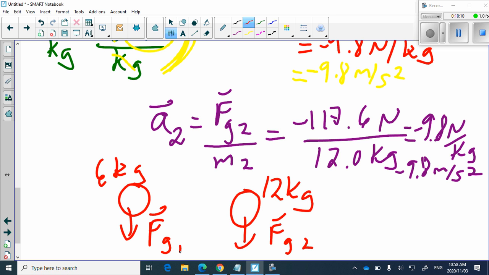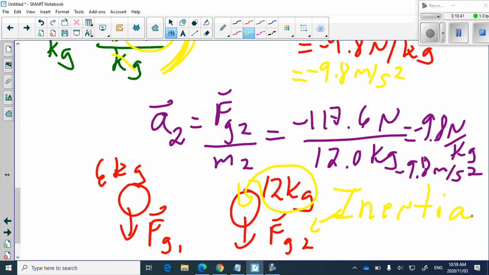The reason, if you want a qualitative explanation, the reason they fall at the same negative 9.8 meters per second squared is, yes, this force here is bigger. I get it. But this mass is bigger. And the more mass an object has, the more inertia it has, and the harder it is to accelerate it.